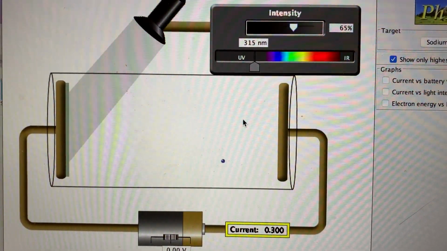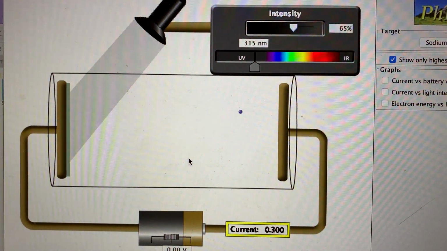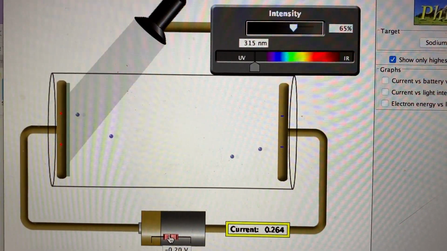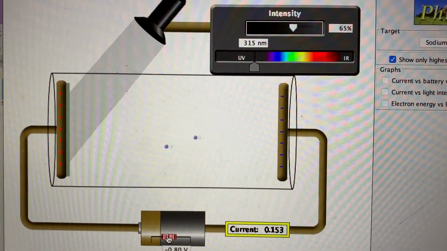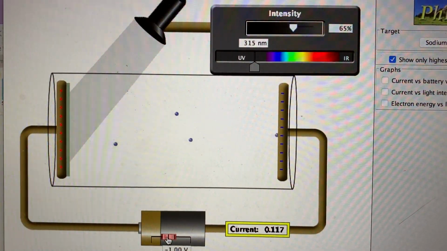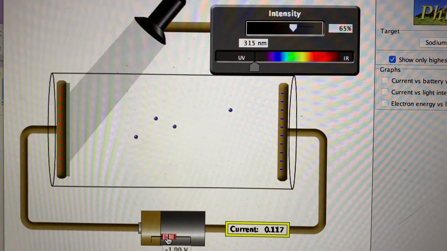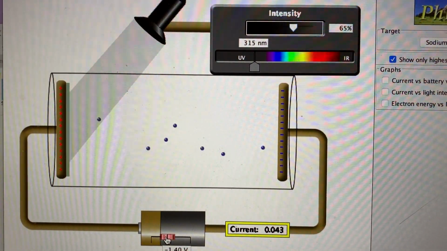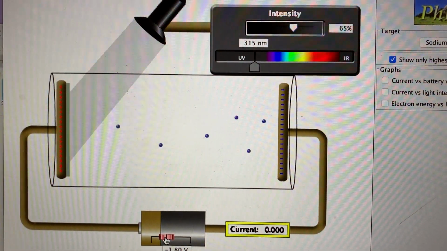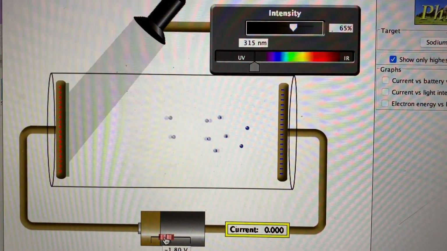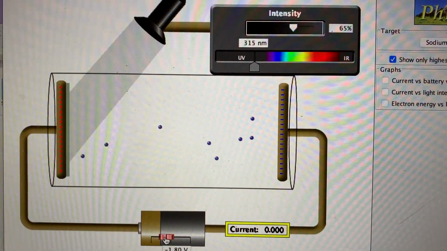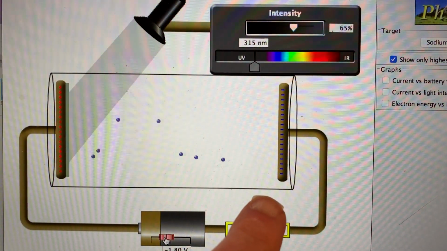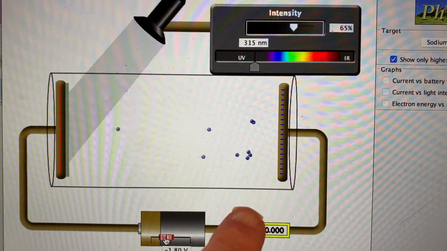Now, let's take a look at what that reverse voltage does. If I take this voltage, and you can see I've got positive on this plate, negative on that plate, you can tell that the electrons are slowing down and the current is going down. Eventually, if I get to the point that the electrons just barely make it to the plate, that means that it took 1.8 volts to stop those photoelectrons.